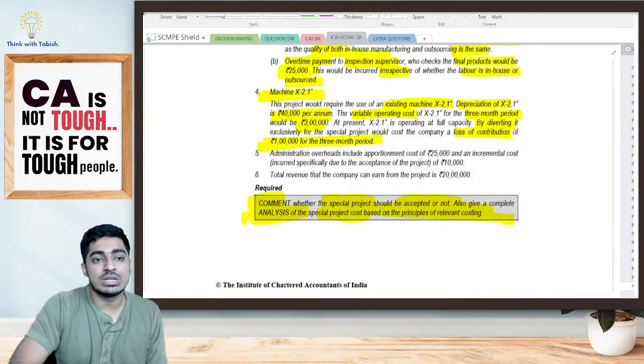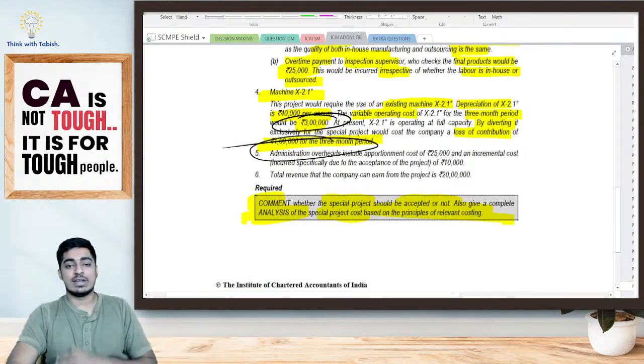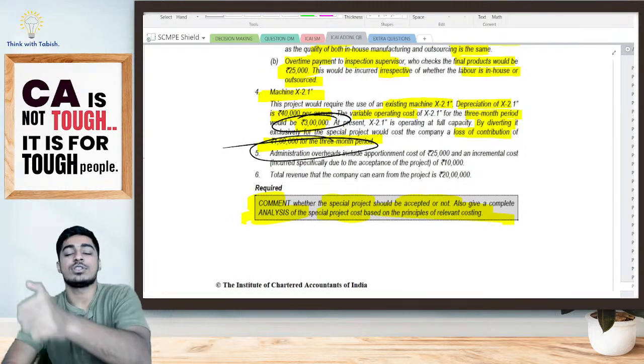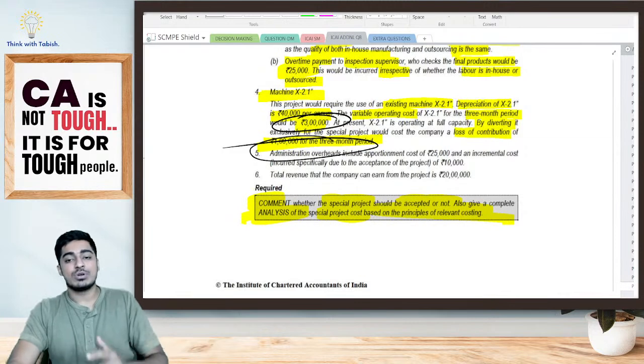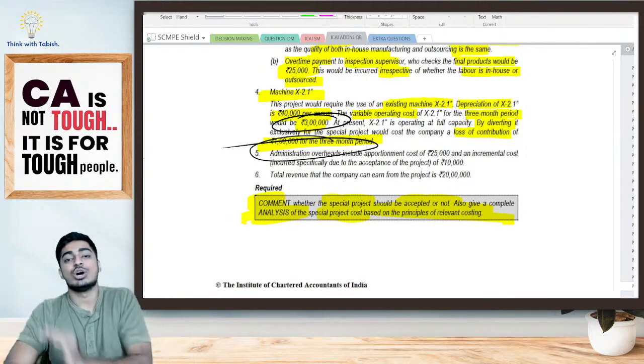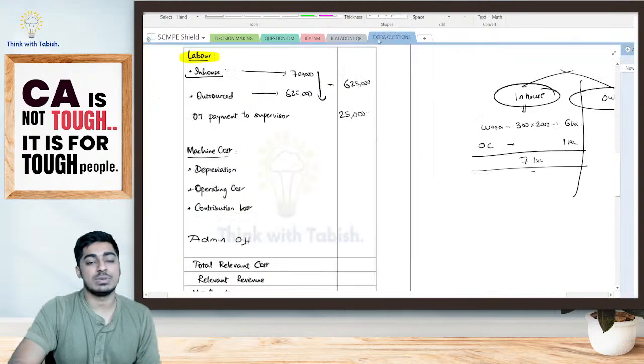That opportunity cost is also going to be relevant. So what is the total relevant cost, students? It is going to be 3 lakh plus 1 lakh. The variable operating cost is incurred specifically for the contract, so it is relevant. Because the company is sacrificing a contribution of 1 lakh rupees, the opportunity cost would also be relevant. So the total relevant cost is going to be 4 lakh rupees.